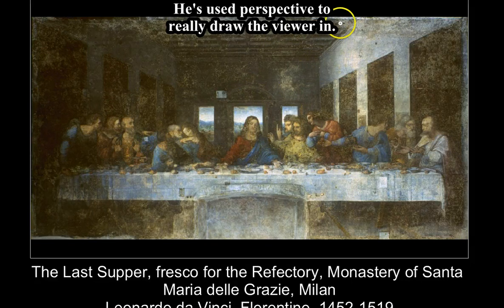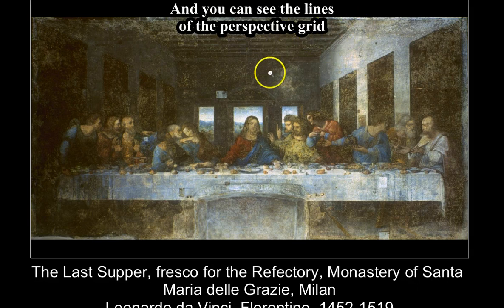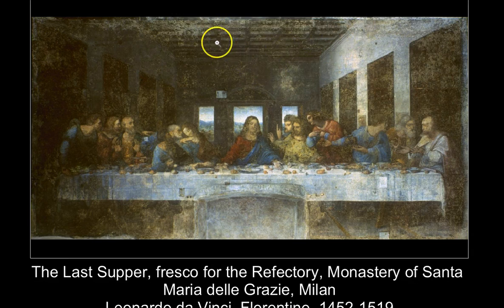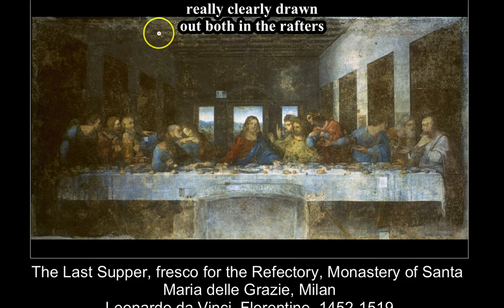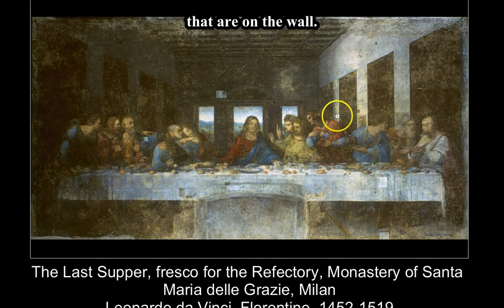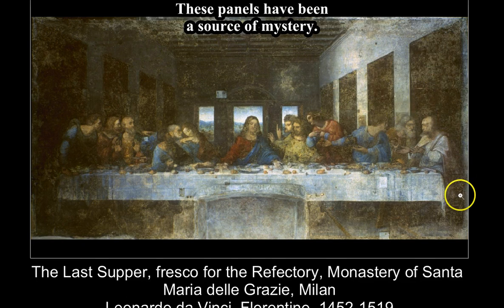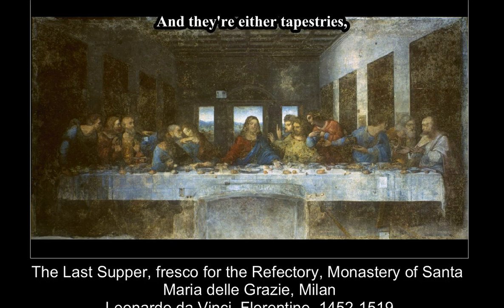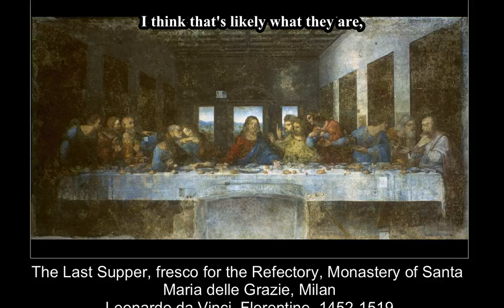He's used perspective to really draw the viewer in, and you can see the lines of the perspectival grid really clearly drawn out, both in the rafters of the ceiling up here and in these panels that are on the wall. These panels have been a source of mystery, and they are either tapestries, I think that's likely what they are, or they're openings of some sort.